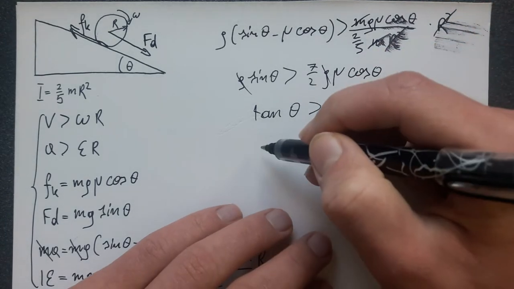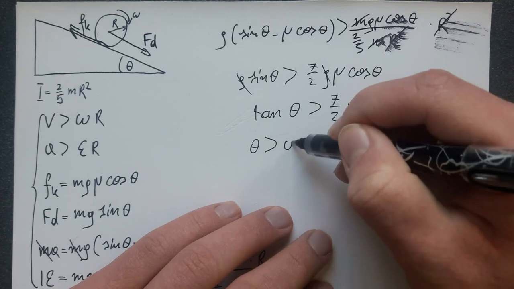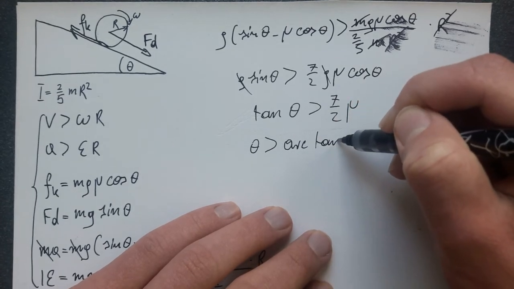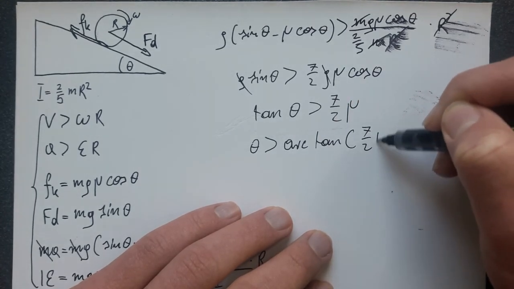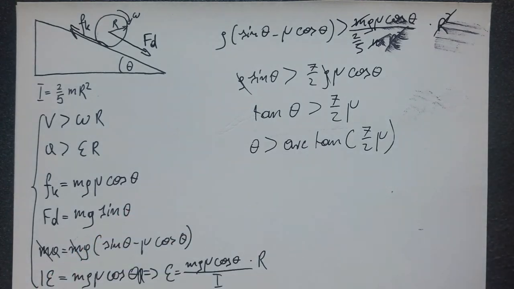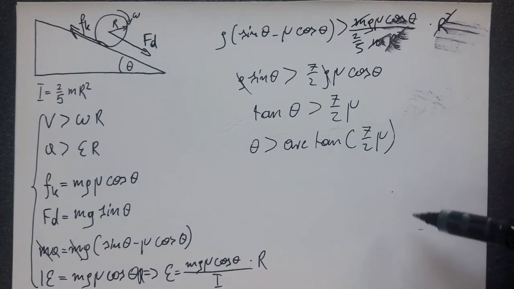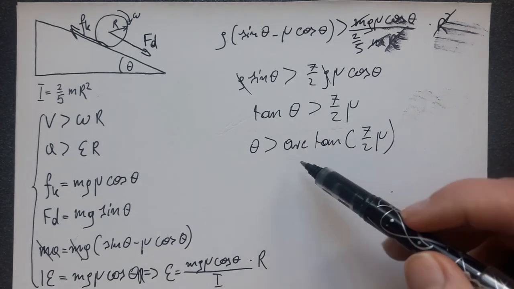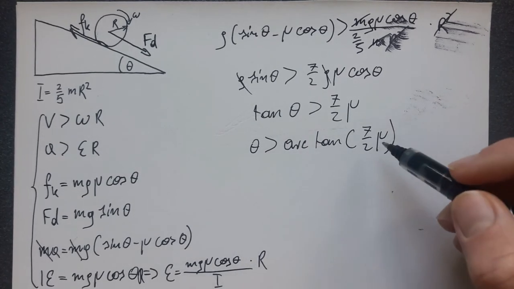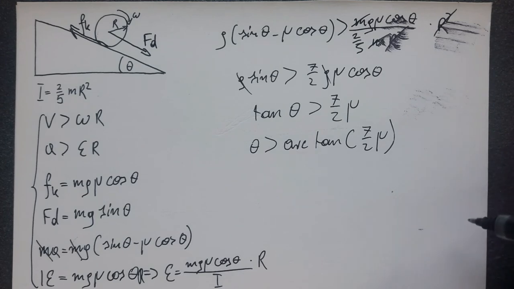And what follows from it is that theta is greater than arc tangent of 7/2 mu. So again, in this case, we have slipping, and for thetas smaller or equal to arc tangent of 7/2 mu, we have rolling.